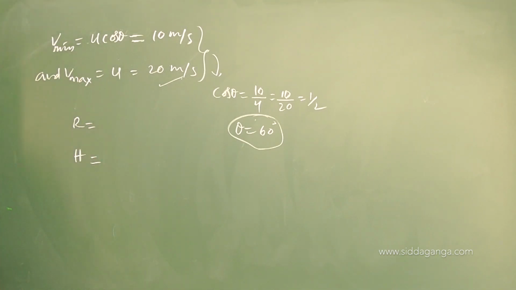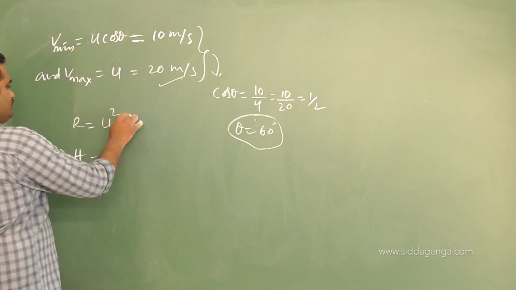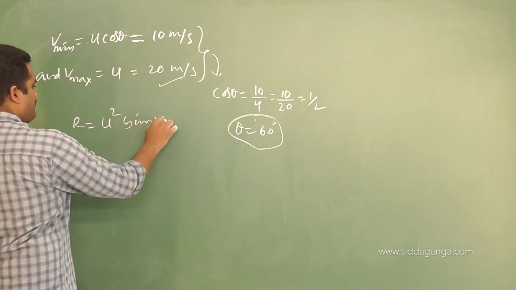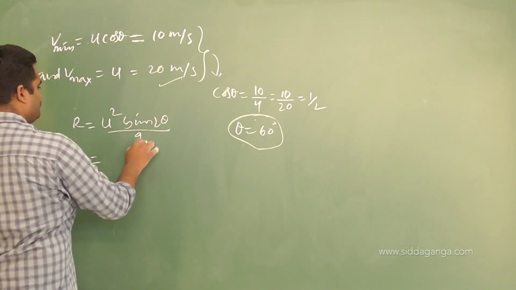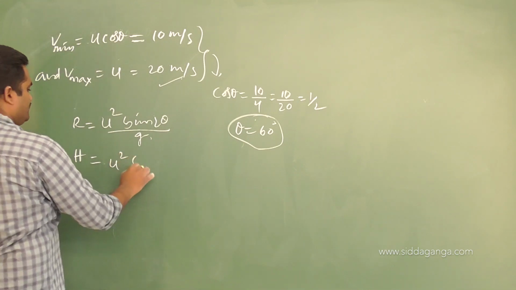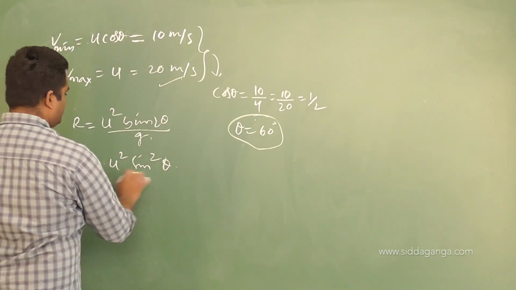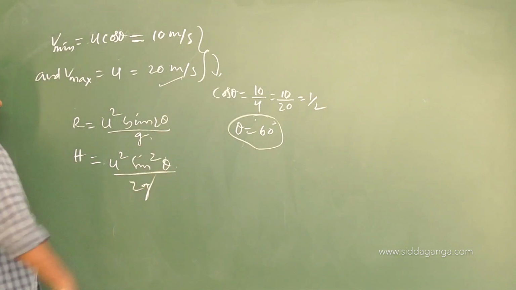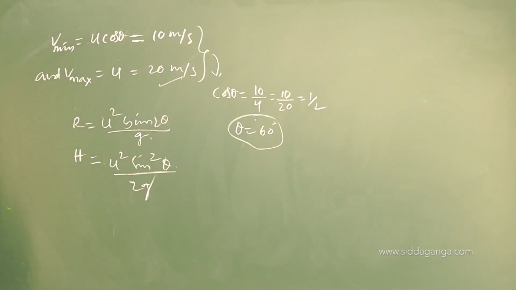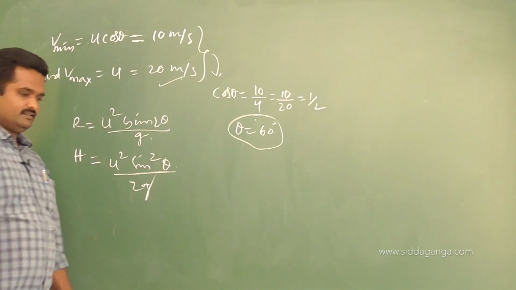This is work for you to do. Range formula is u square sine 2 theta by g. Maximum height is u square sine square theta by 2g. Theta is 60. Solve for it, you will get the value.